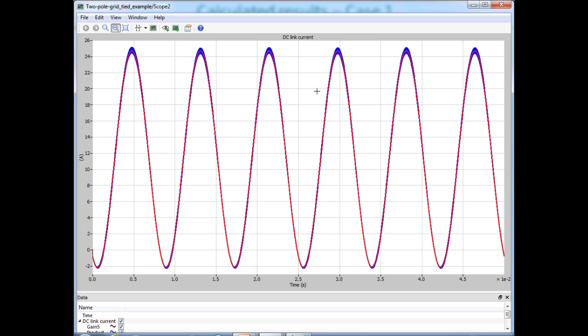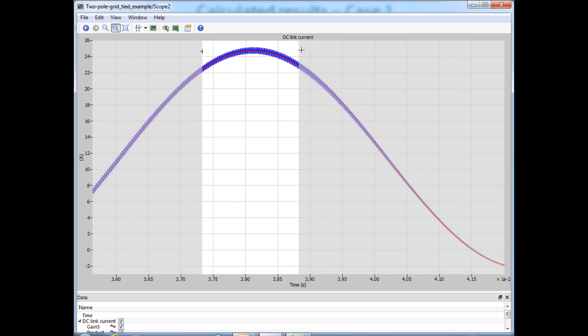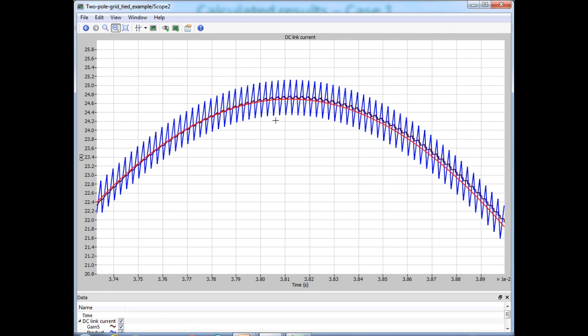Let's zoom in to see the three versions clearly. Zoom in further. The blue waveform, where you can see the high frequency ripple, is the product of the instantaneous control voltage VC and the grid current.